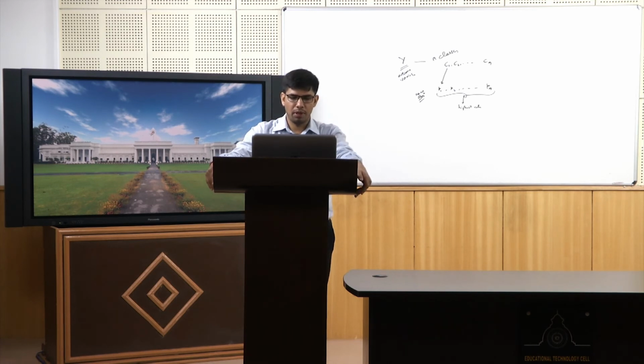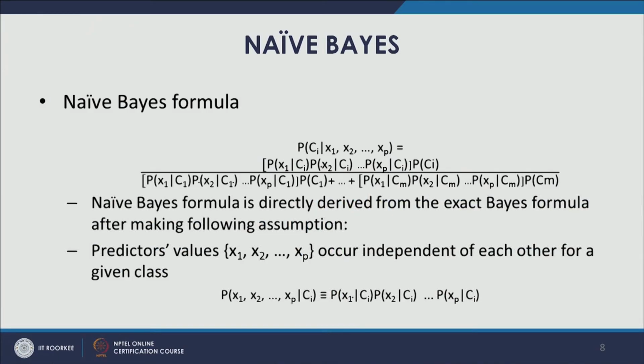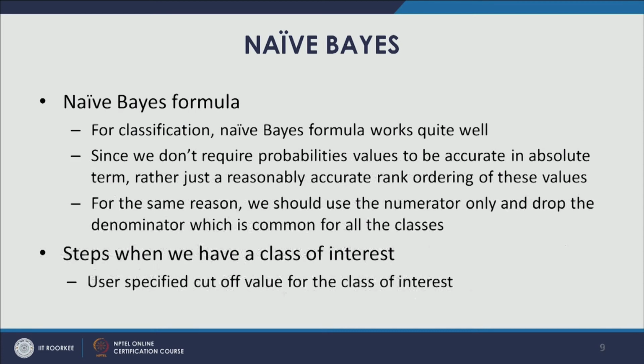So, for the comparison of probability values to create the rank ordering, this is not going to matter. We can just focus on the numerator and compare the numerator values, and still end up with the same rank ordering. So, that is another simplification in Naïve Bayes that can be performed.